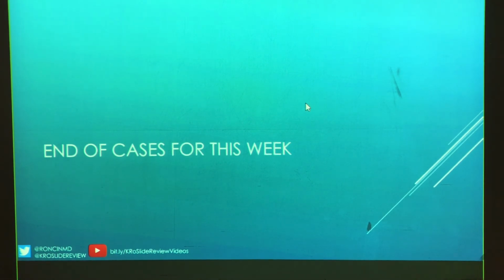These are by no means vetted by the experts. This is just my quick review. So sometimes it's just, can you form a differential of what you think this should be? Can you try your hand at grading? There's no real right or wrong answers. It's just, I believe that the more you see, the more you're going to learn. So if you're interested in those, take a look at them.